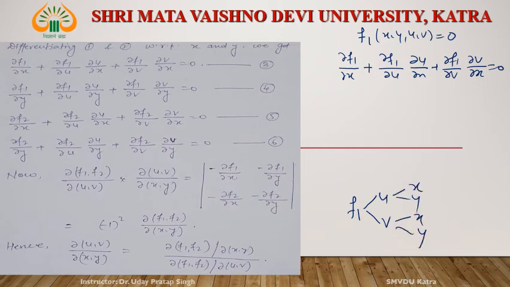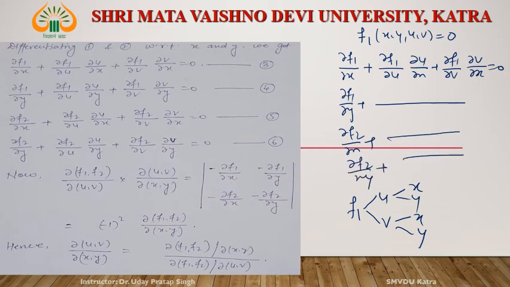It is given, right? And similarly ∂f1/∂y, plus ∂f2/∂x and ∂f2/∂y. Then using these relations, that is 3, 4, 5 and 6, we can find as follows.